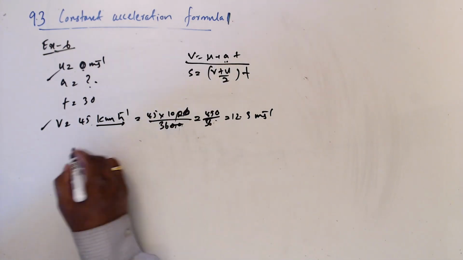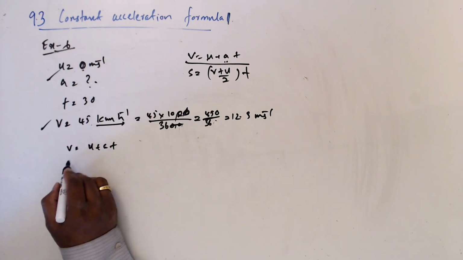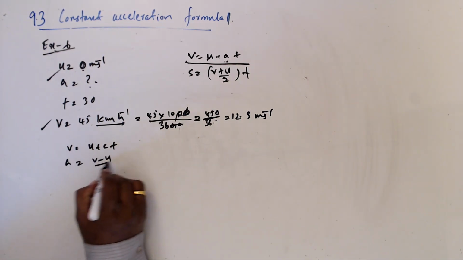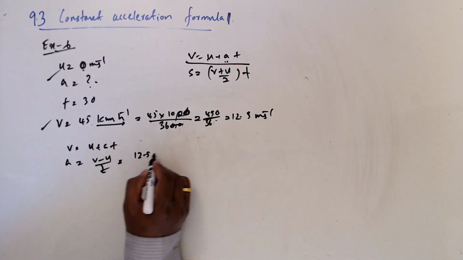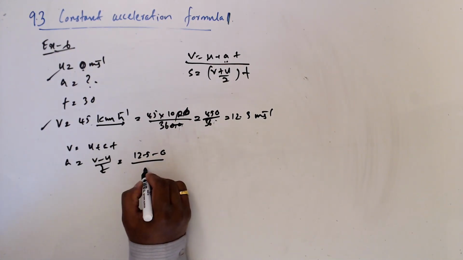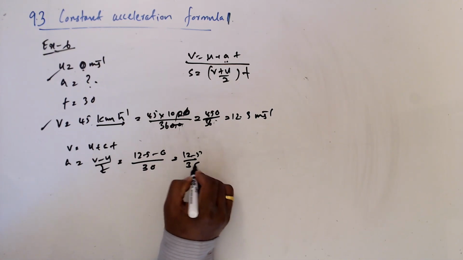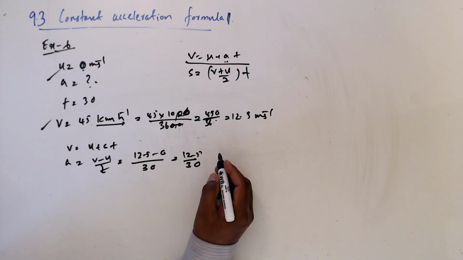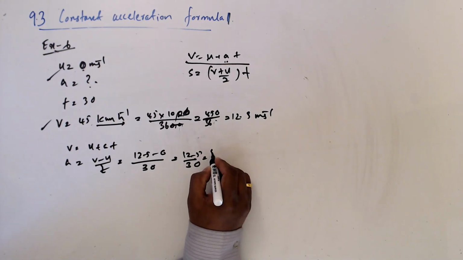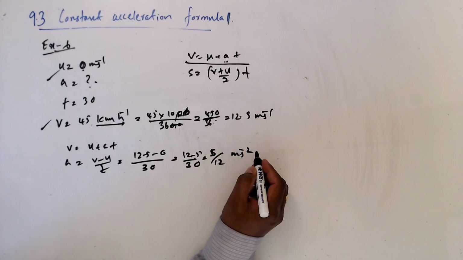So from V equals U plus AT, A equals (V minus U) divided by T. V is 12.5, U is 0, and T is 30. So 12.5 divided by 30 is 5 over 12 m/s².